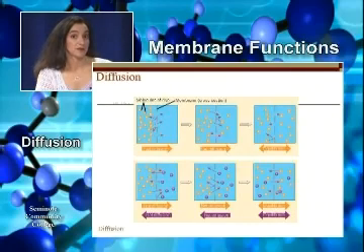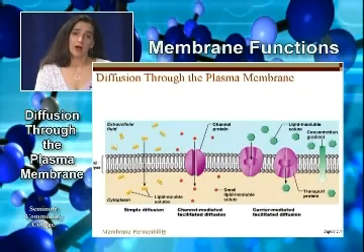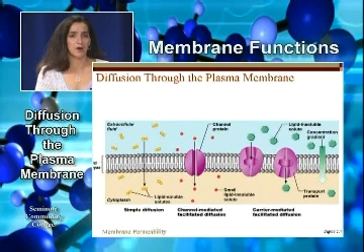Now that we've seen schematically how those molecules can diffuse across the membrane, what we can see now is other molecules, much larger, going across transport proteins. Remember, transport proteins are functional proteins or integral proteins that allow larger molecules to come across the membrane.